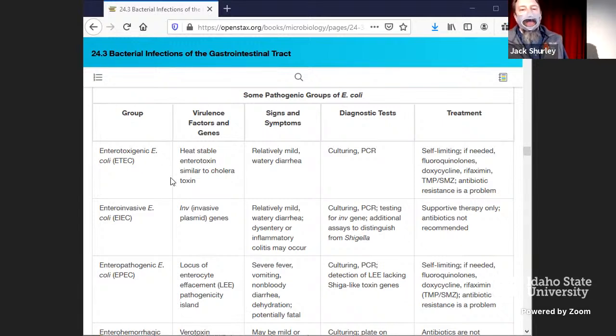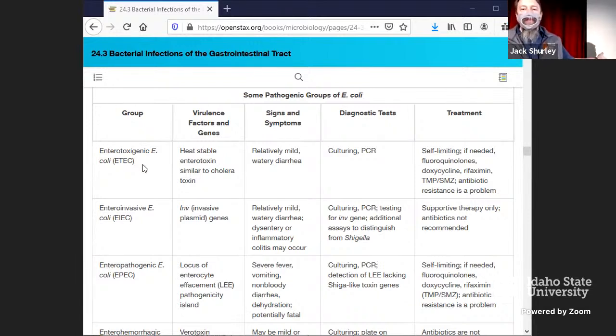So the ETEC, these guys, some of the issues that set the stage for their success, maybe virulence factors, heat-stable enterotoxin, that's an issue. And what we mean by that is we are thinking, well, we can just heat this up, and that will be all fun and good. It's not. The toxin is still viable. That sets the stage for issues.